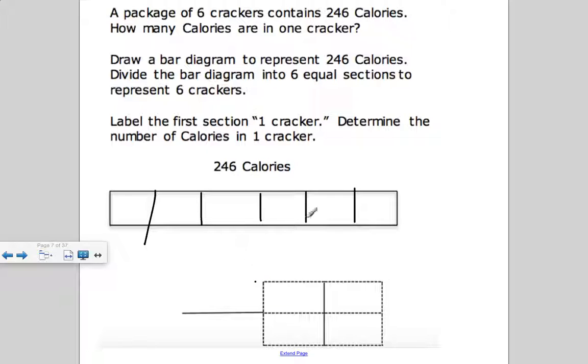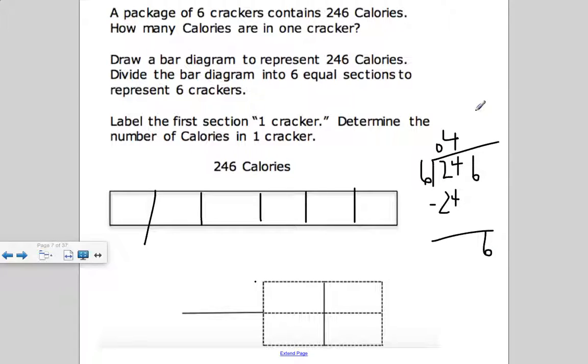So, does that mean I'm going to have to divide it? Yes, it does. 246 divided by 6. Can 6 go into 2? No. Can 6 go into 24? 4 times. Bring down the 6.